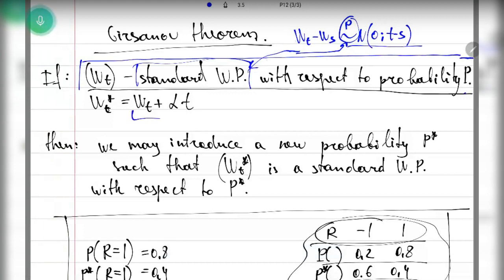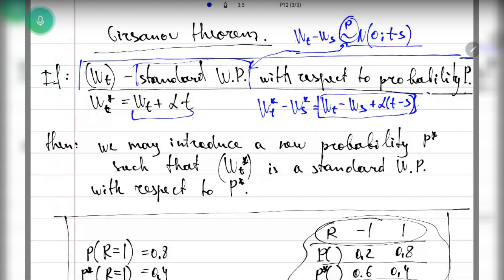Now let's calculate the difference WT star minus WS star. Basically, that should be WT minus WS plus alpha times T minus S. So if I use probability P, what is the distribution of this?